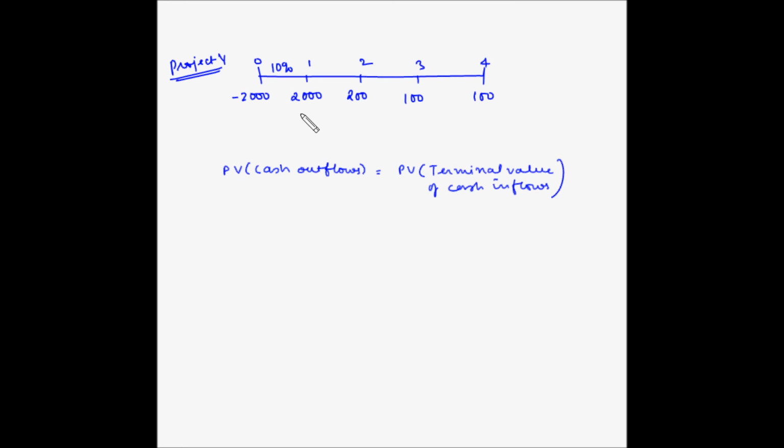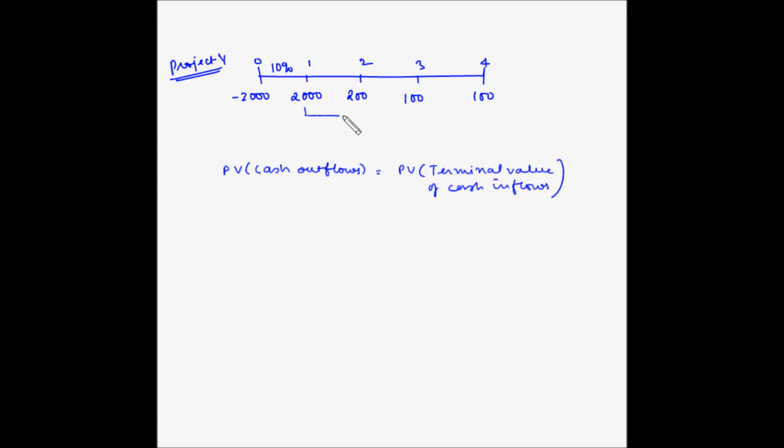So this is the time scale representation of the cash flows for project Y. Again, the same thing for MIRR. We have to first find the terminal value of the cash inflows.